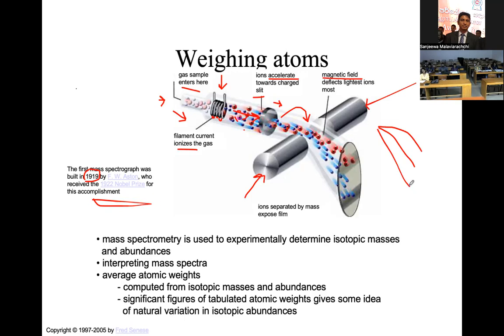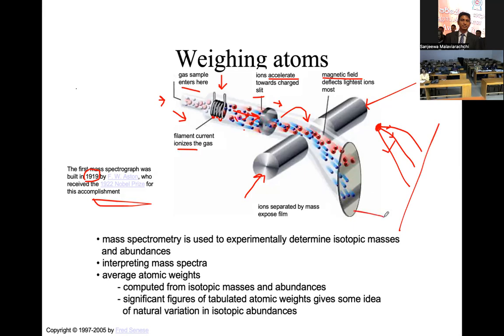In other words, the mixture will be separated out into the isotopes in this magnetic field. So the magnetic field is very important. Otherwise, even though you accelerate them, you cannot separate them into different species, right?